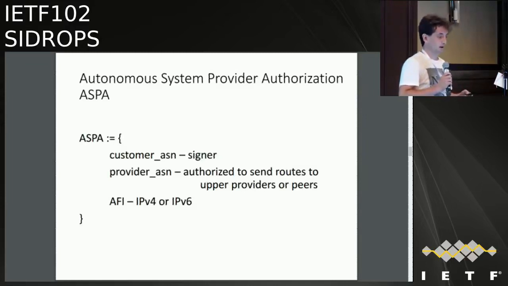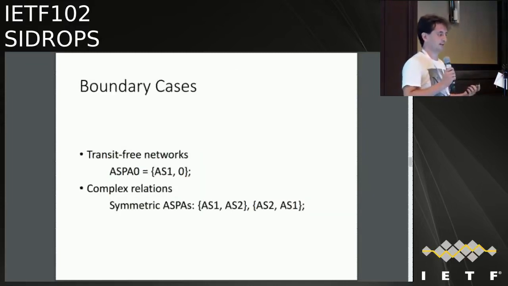Of course, there are some boundary cases. For transit-free networks such as IXes and Tier 1s, it can be easily solved. We need to signal that routes from these ASes should not be received from any customer or peer. It's likewise ROA with AS 0.